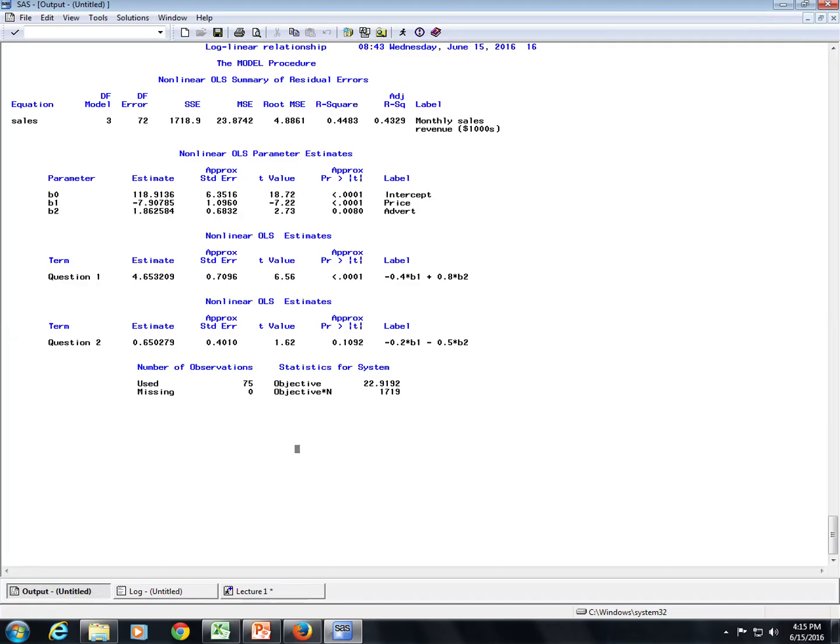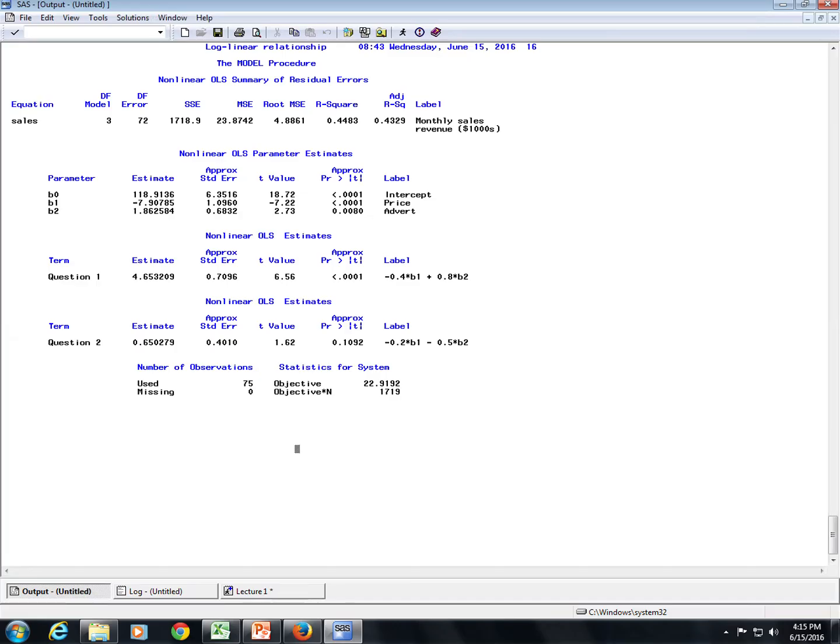We would expect sales to increase by that 4.65, but remember this is in units of thousands of dollars. So, $4,653. So that's what we would expect to happen.